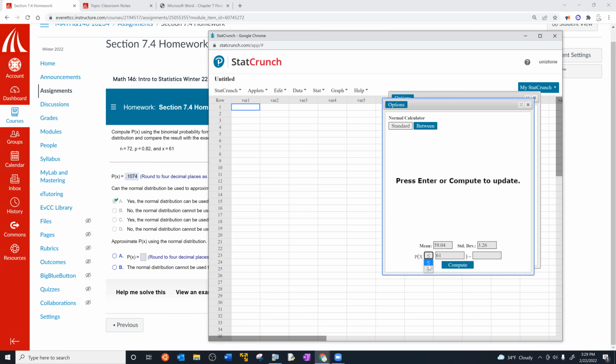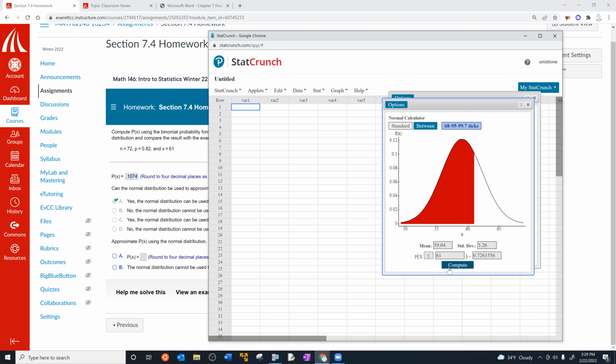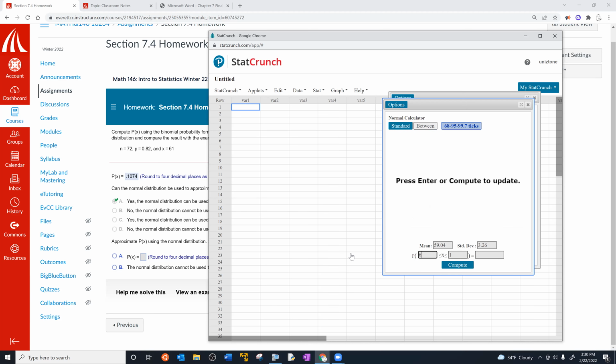Oh no, they don't give us that. They don't give us that value, but let's see what it does anyway. So if I put in between, though, I can put 61 and 61.